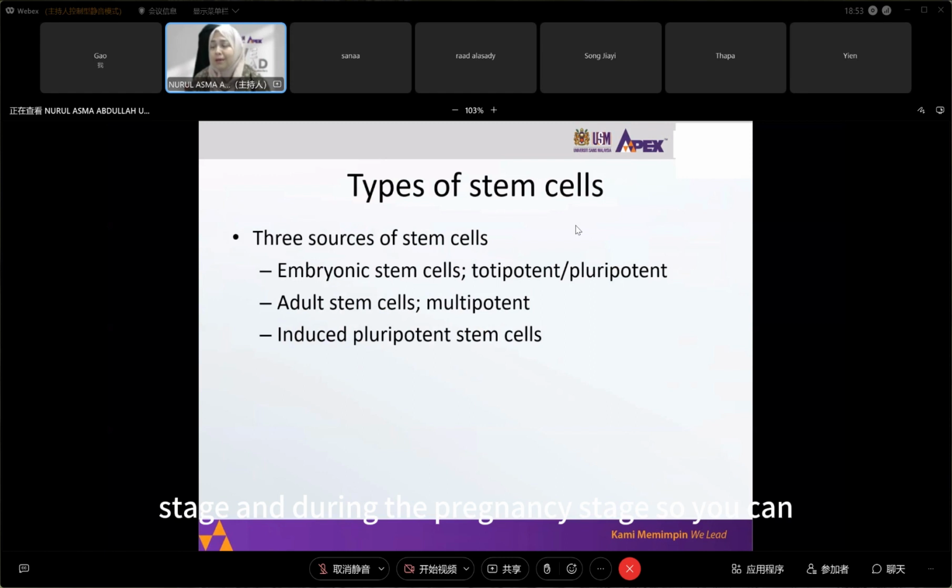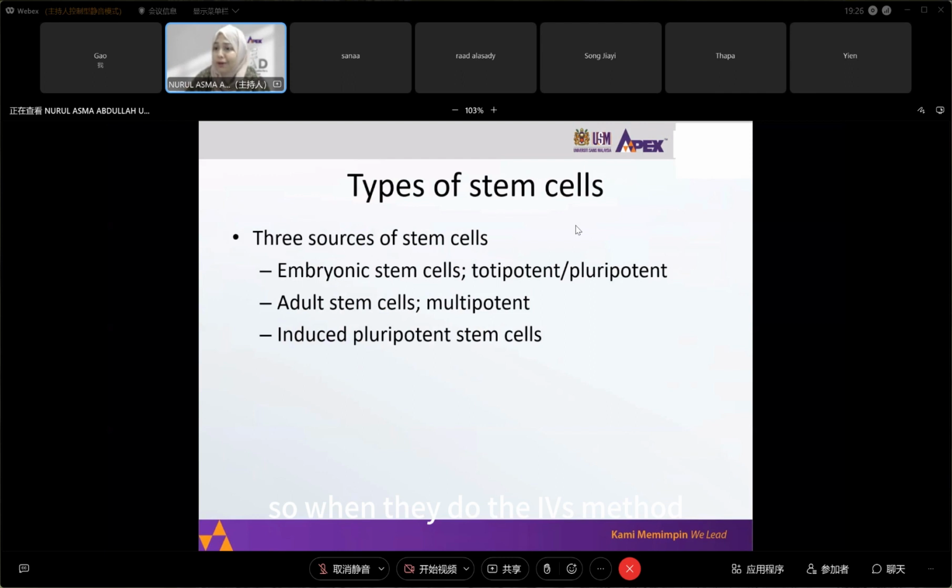So as I mentioned just now, from the blastocyst, in the donor program, for example in the United States of America, or in the IVF method, you know that we can do the in vitro insemination procedure for those having problems to have a baby.